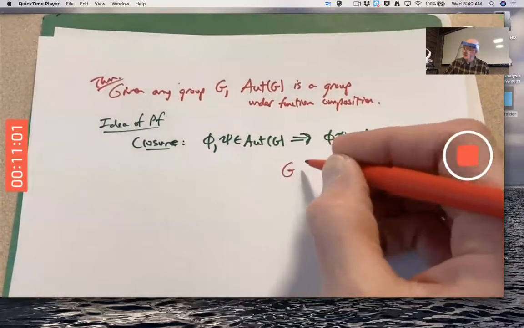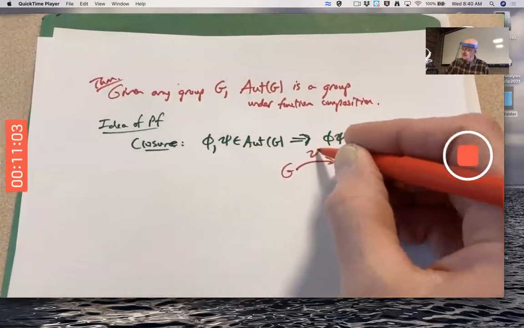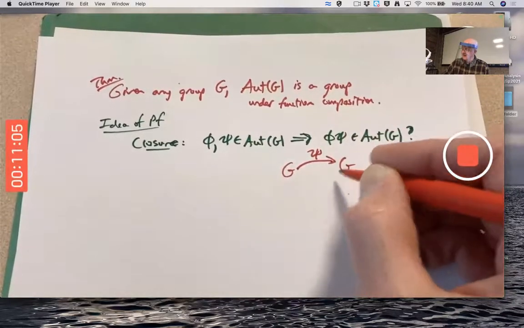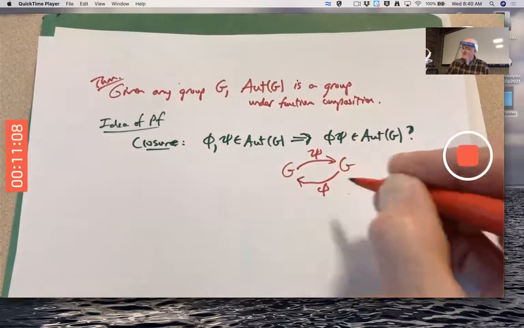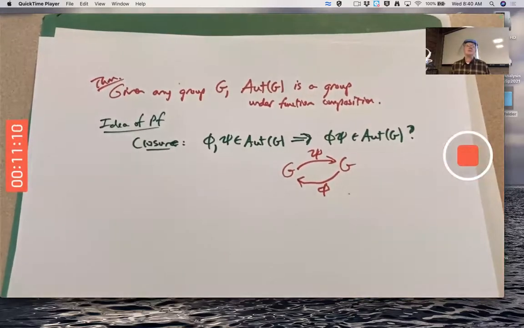Kind of like you're going around in circles. Psi goes like this, and then phi goes back here, and the composition does map G to itself. Is it one-to-one and onto? Yep. Back in chapter 0, first homework assignment, we looked at how if you compose two one-to-one and onto functions, you get a one-to-one and onto function.